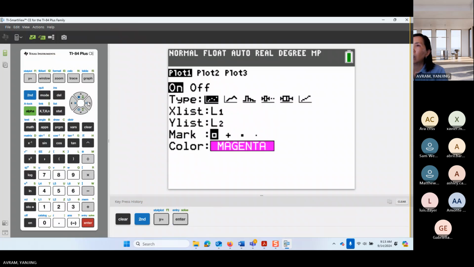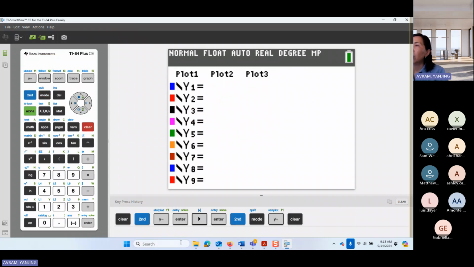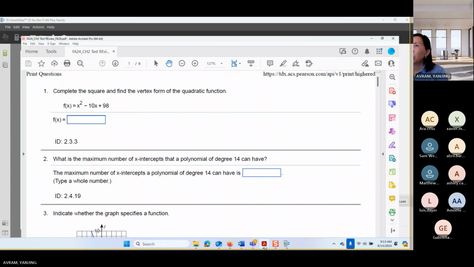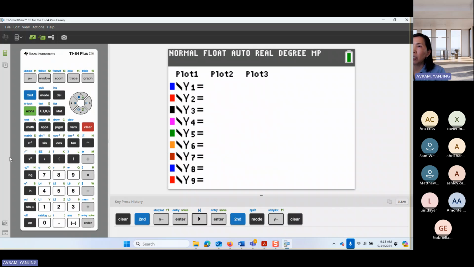All right, I just want to clear my statistic plot. So you want to turn off the statistic plot. Let's look at my y equation: x squared minus 10x plus 98.